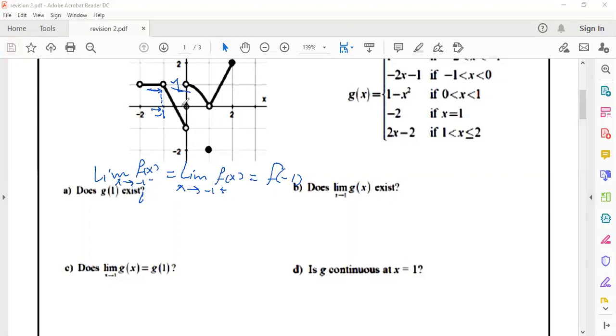The limit from the right, in the same way: as I approach from the right, go with the curve until I reach above -1, take the value of y, it will be 1. For the function to be continuous at x equal -1, f of -1 must be equal to 1. That is the condition. So f of -1 is supposed to be 1, such that the function is continuous.